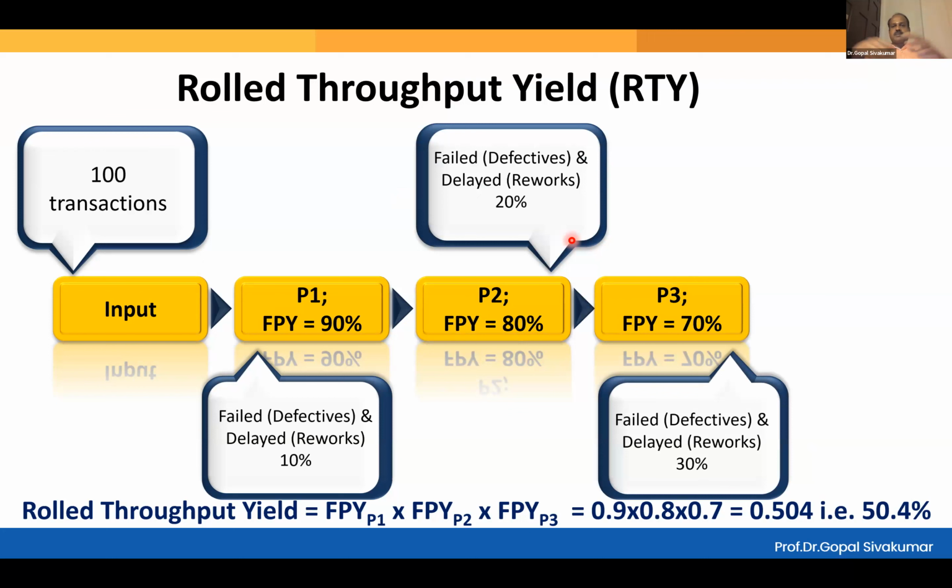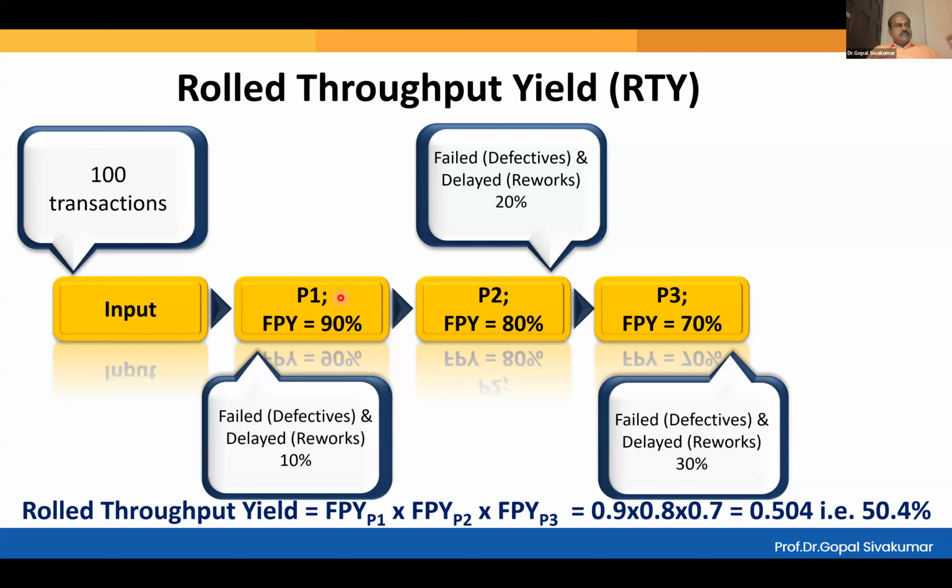Or you can think of any other process. Let's say the applications are scrutinized, then some verification is done, and then the decision is taken. There are three stages, something like a banking operation. So whatever it is, there are three stages: P1, P2, P3.